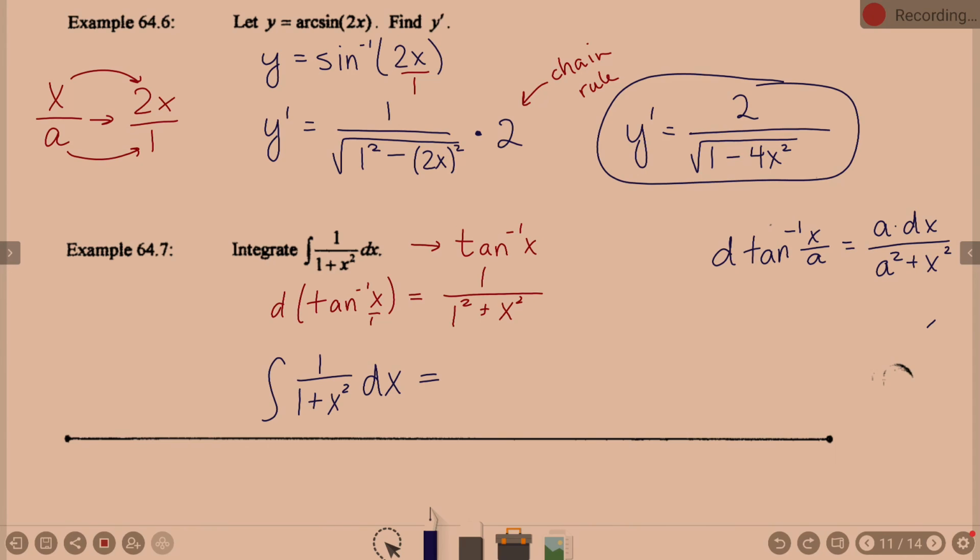What am I going to write my answer as? Tan inverse x. Or no, let's see, we're integrating, and it's an indefinite integral, so plus c.